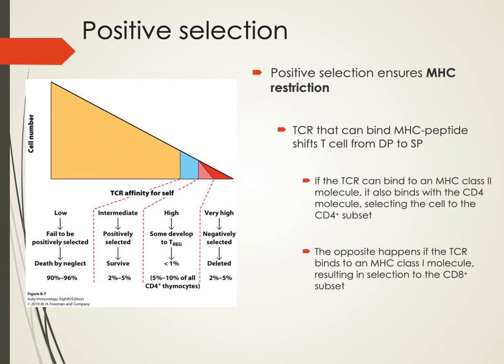The majority of them are going to fail to develop and be selected for, so they're going to die through neglect. Other ones are going to bind too strongly, and so they will be negatively selected and induce apoptosis. And then some of them do survive, but they're going to end up becoming T regulatory cells. So they'll actually help regulate the immune response.